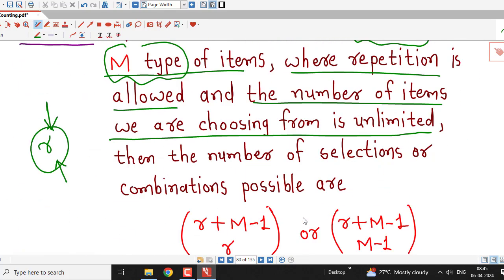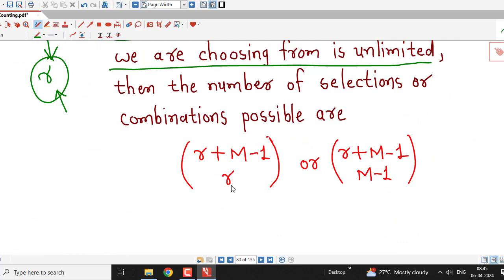So we will remember this formula, that the number of ways of selecting r objects of m types is given by (r+m-1)Cr or (r+m-1)C(m-1).